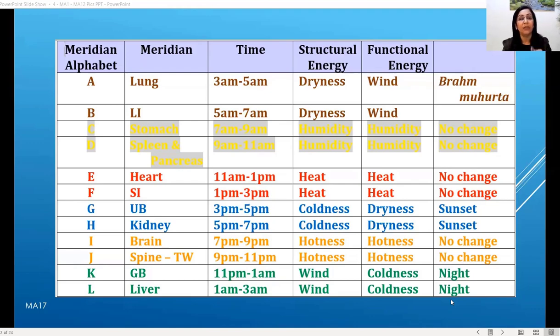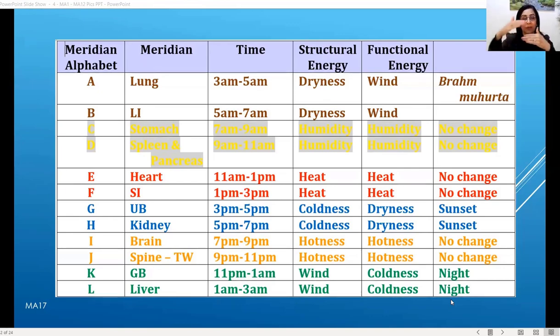That means the liver and gallbladder meridians are structurally wind meridians according to the access law, but functionally they are coldness meridians, as they function best at night. So this is how the structural and functional circulation of energy in the body happens.